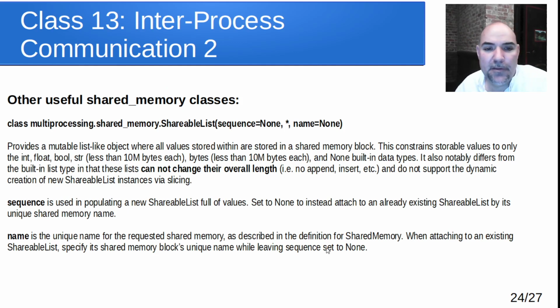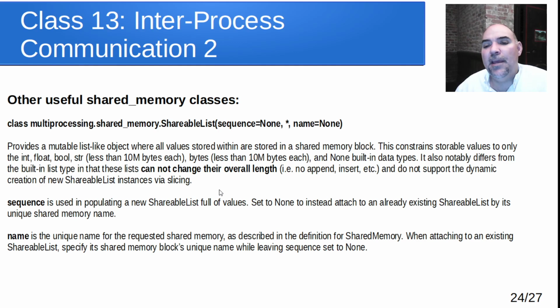Now, there are a couple other shared memory classes that are useful. There's what's called a ShareableList. A ShareableList essentially provides a mutable list-like object, just like lists in Python are, where all values stored within are stored in a shared memory block. That constrains storable values to only the int, float, bool, string, bytes, and None built-in data types.